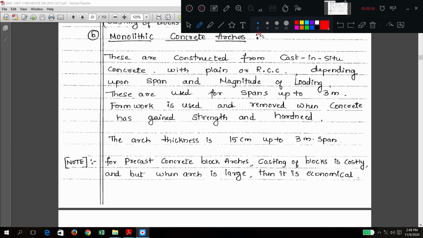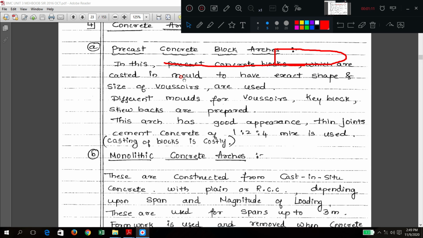Okay. So monolithic construction. These are constructed from cast in situ. Cast in situ means what? In site construction, in the site itself. What was the previous one? Precast. Precast means before going to the site, you are going to prepare or manufacture these blocks in the factory.